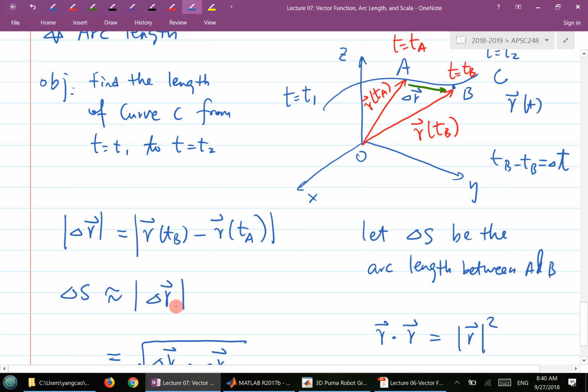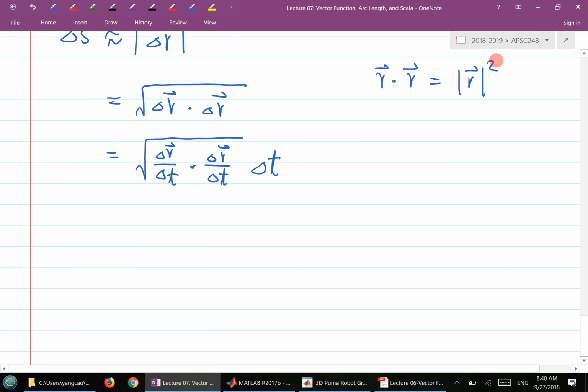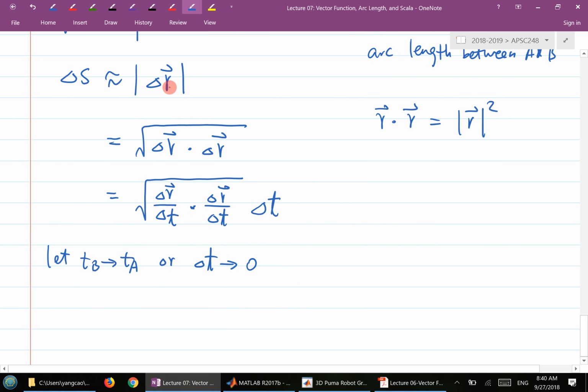That's the idea of a limit in calculus. So if you let TB approach TA, or if you let delta T go to 0, then this delta S and delta R will become the same.